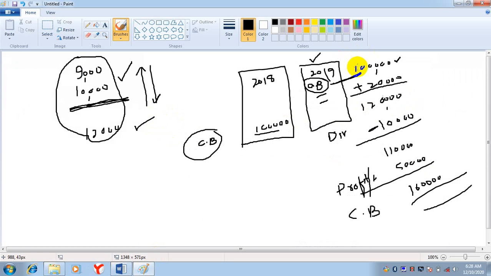Like I told you, this is the opening balance, then we add new shares issued, then we deduct dividend payment, then we add profit, then there is some other income, increase in income due to some other items. There is no such explanation in the balance sheet. In the balance sheet, we are just showing one item, changes in reserves. But in the statement of owner's equity, we are showing all these things.